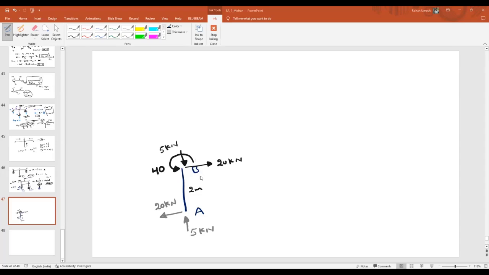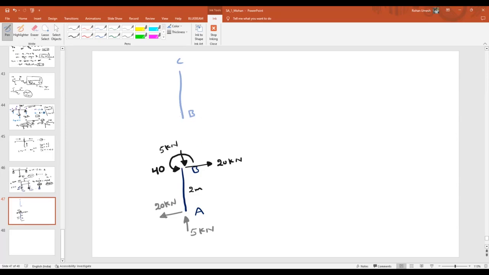Now, coming to BC, let me write for BC. This is B and this is C. How many forces will exist at B? Three, right? Vertical, horizontal, and moment. Do I know their magnitudes?